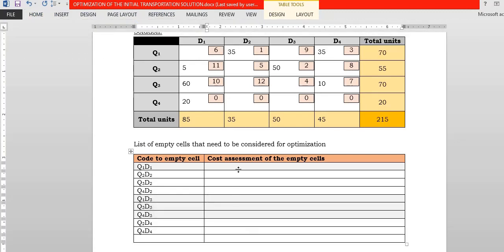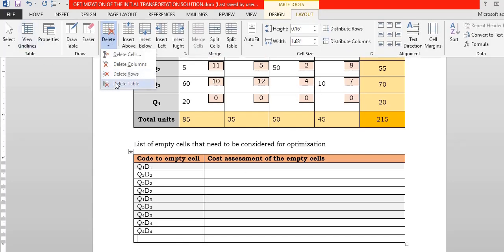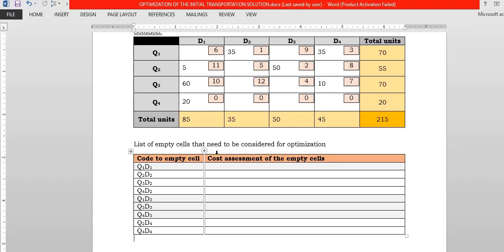So first column, second column, third column, and the fourth column has Q2D4 and Q4D4. The third column has Q1D3, Q3D3, and Q4D3. Correct. So this is what we have. These are the four columns we are going to use to compute what we need.